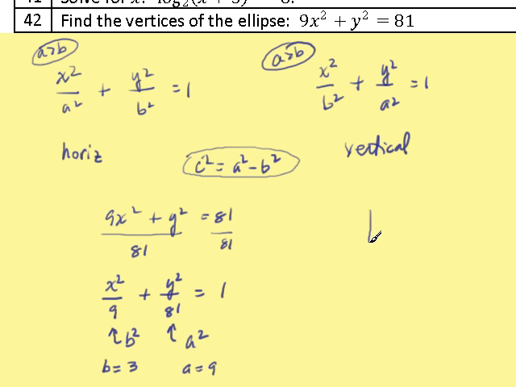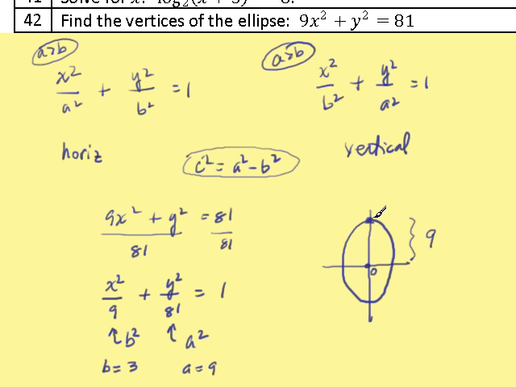So let's draw the ellipse, although we don't have to for this problem. It's just sort of easier to visualize things. I'm drawing a vertical ellipse, and an ellipse of this form is centered at 0. This is 0 over here. Okay, so a is 9. That means this distance along the major axis is 9.